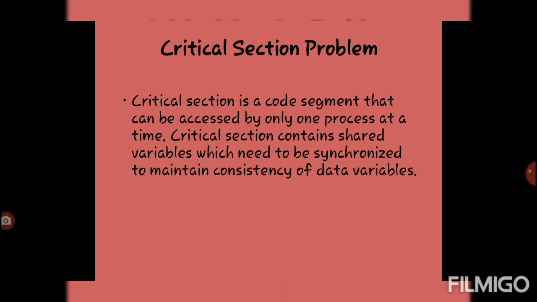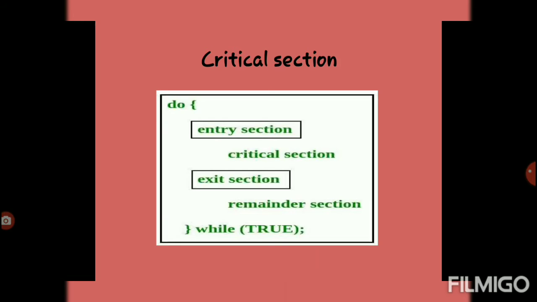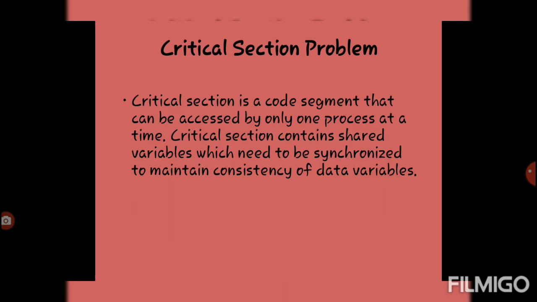Then the critical section. The critical section is a code segment that can be accessed by only one process at a time. This is the picturization of the critical section: entry section, then critical section, then exit section, then remainder section.